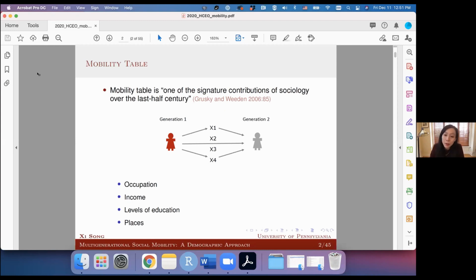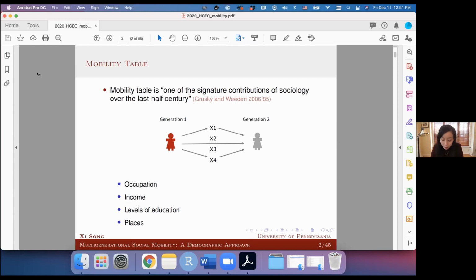And people typically only focus on two generations, measuring their socioeconomic status in terms of, say, occupation, income, or levels of education, or in recent years, in terms of their regions or neighborhoods or places.